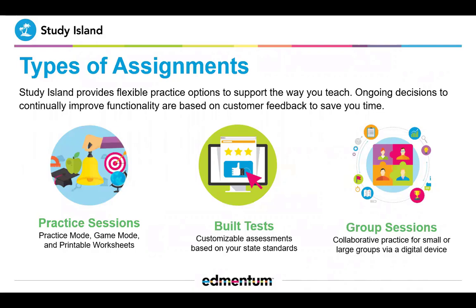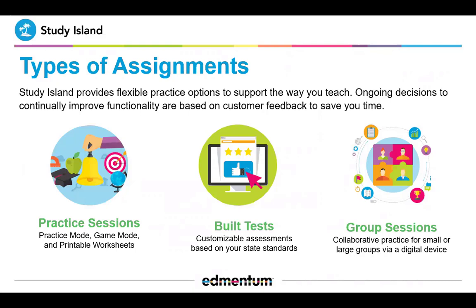Now, you can go question by question and choose the number of questions and the exact question that the student sees. This is different from practice sessions because in practice sessions, again, those questions come to the students at random. In built tests, you're choosing the questions. Built test assignments can only be taken one time.